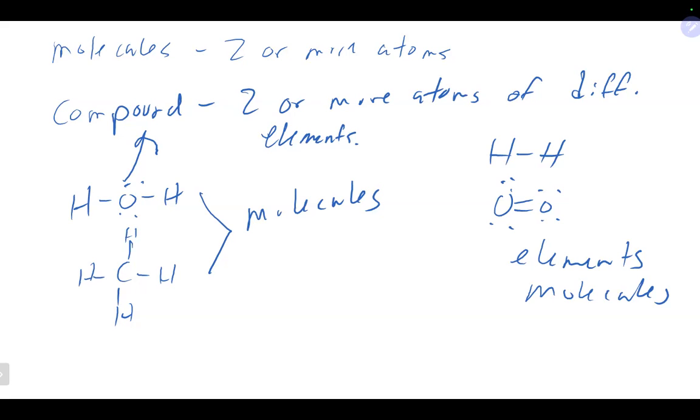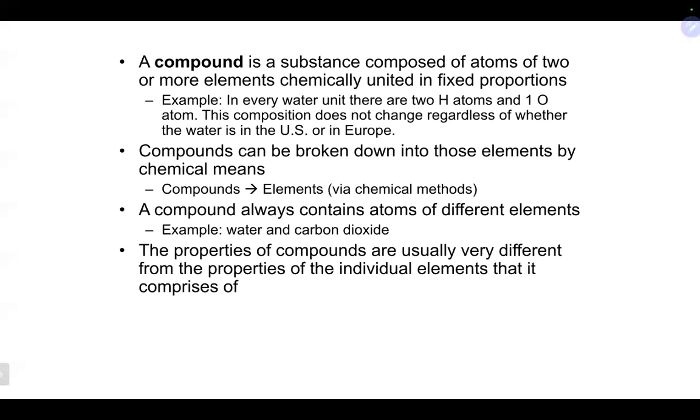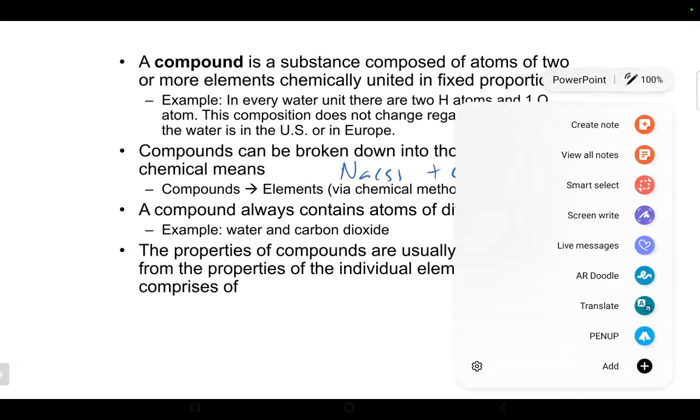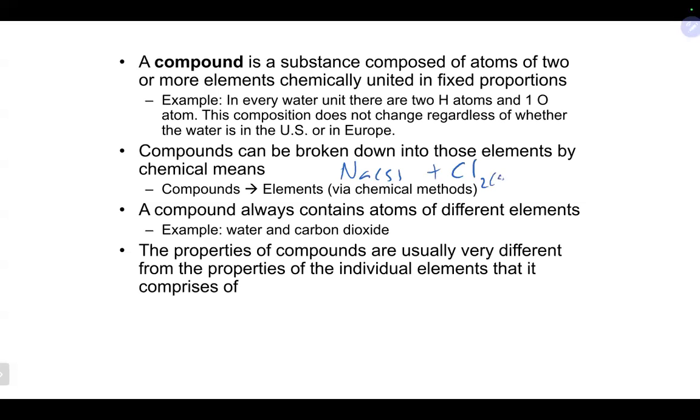In addition, the elements that make up compounds usually have very different properties than the compounds they make. For example, take salt: a little bit of sodium metal, a little bit of chlorine gas, makes a little sodium chloride.